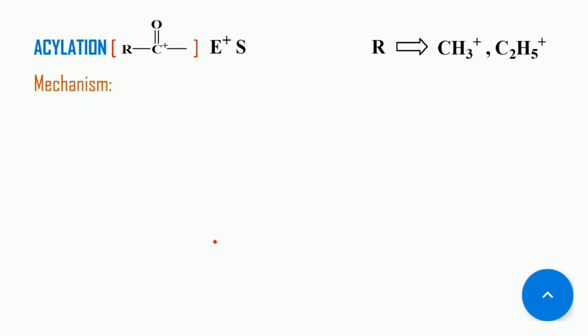So for the mechanism, the first step is generation of the electrophile. This one is our reactant, which will undergo fission in the presence of AlCl₃.